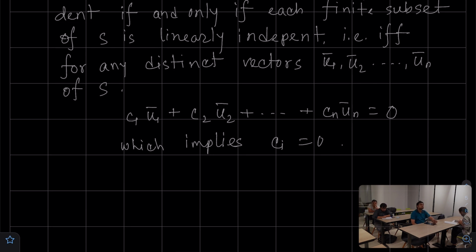Okay, so let us prove this theorem. Is the zero vector on the right hand side? Yes, this is: a subset of S is linearly independent.